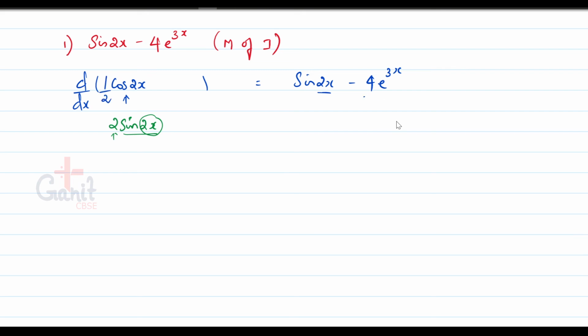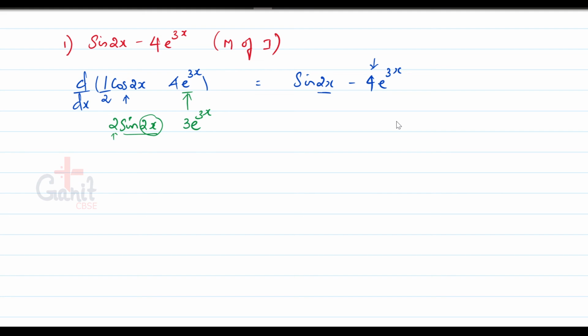So next is 4e to the power 3x. So obviously e to the power 3x will be there. And here I have a constant 4. So I have to include that 4. So when I differentiate e to the power 3x, I will get e to the power 3x into 3.